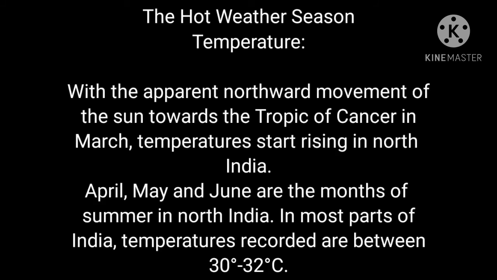Now let's talk about the hot weather season. April, May and June are the months of summer in North India. The temperature range is between 30 to 32 degrees centigrade. We have also studied the hot weather season in our last video. The link has been given in the description.